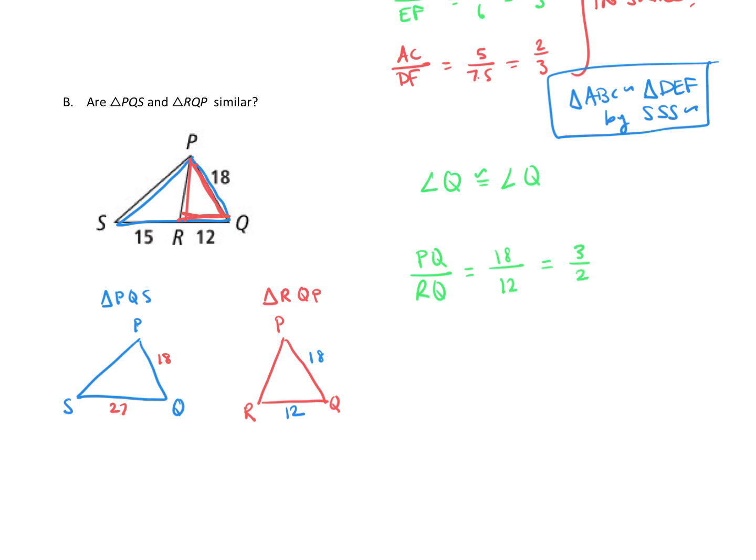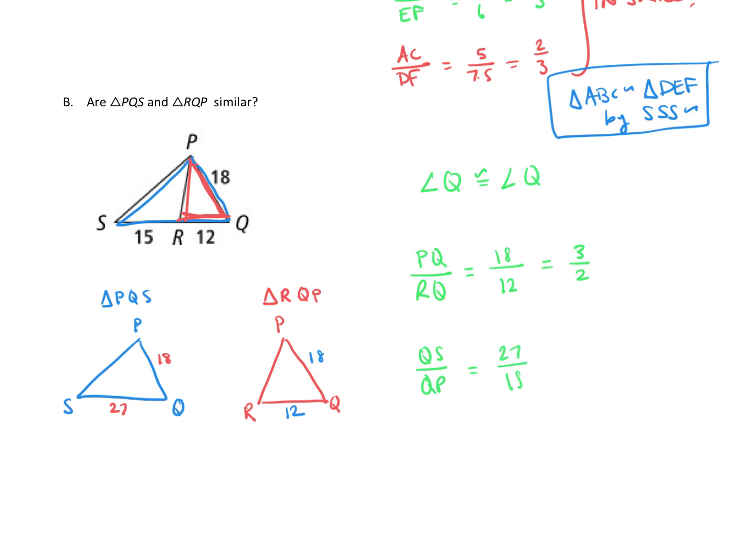All right, so the next pair of sides I could check is QS from one triangle and QP in the other. We do have QS, so we can use those. We're going to set QS from the first triangle over QP of the second triangle. So QS is 27 units long.